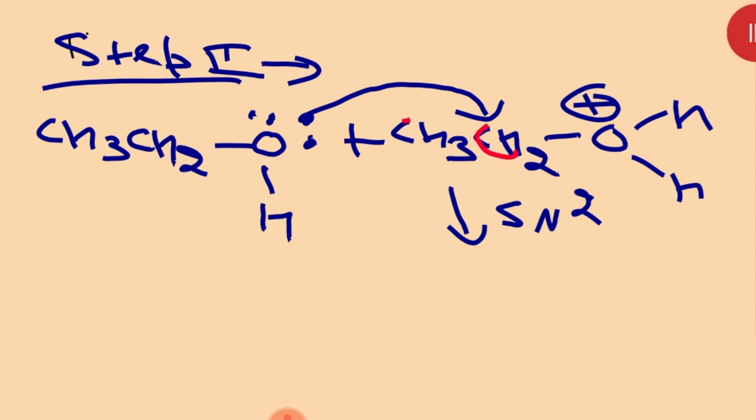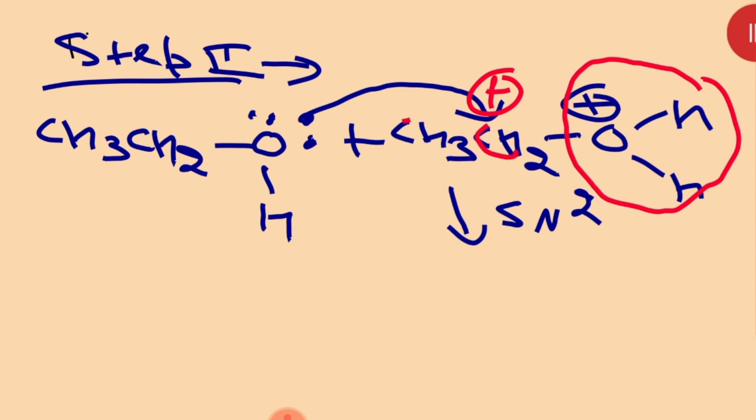Means if you remove this water molecule from here, then on this C there will be a positive charge, and so that is why this oxygen pair of electrons will come over there. Then what will be the product over there?